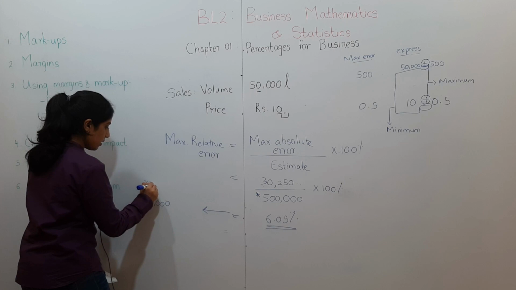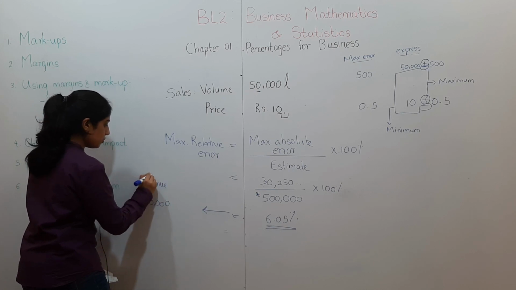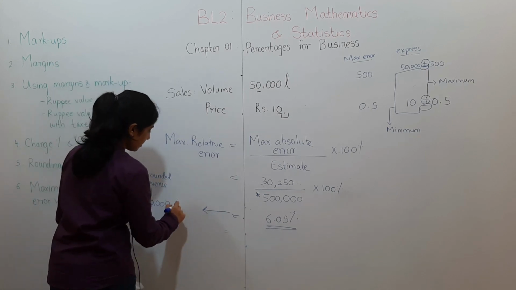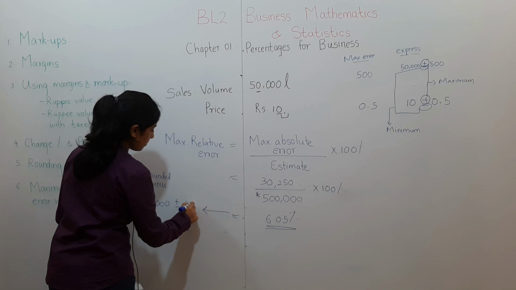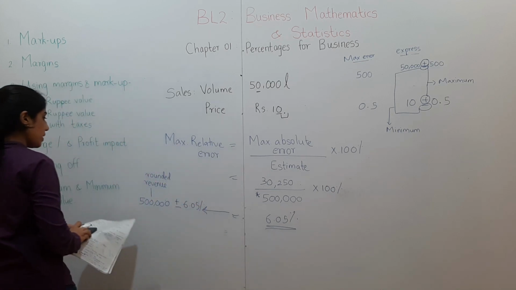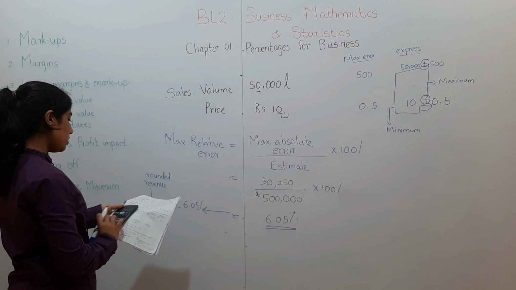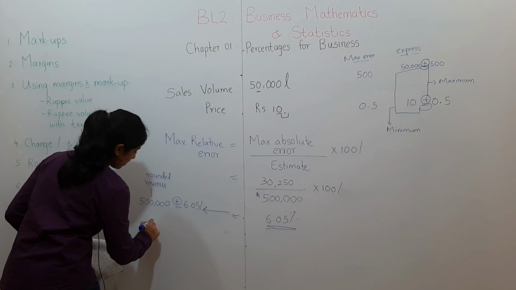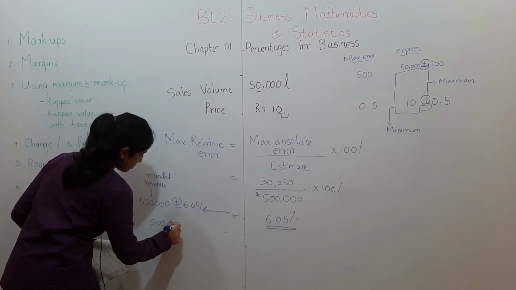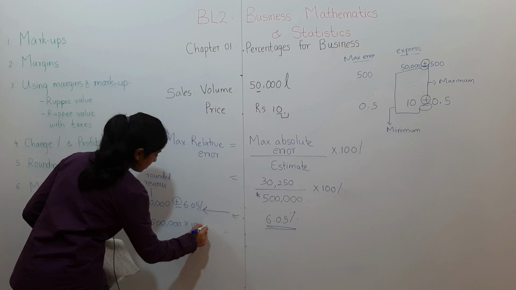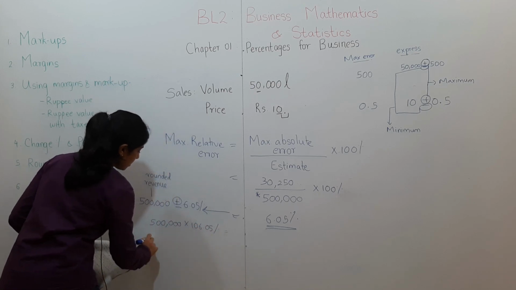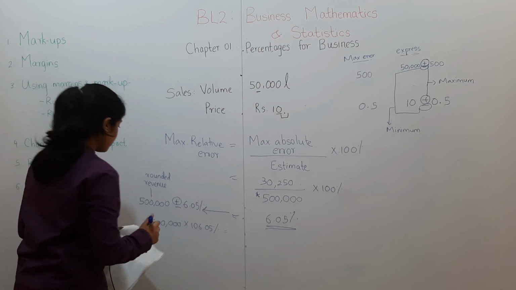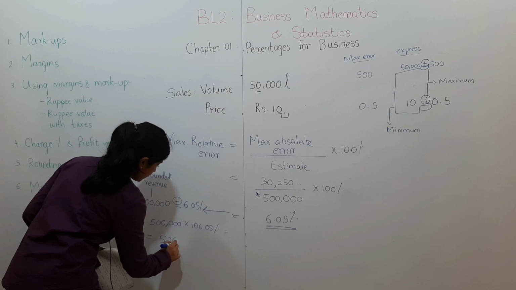Okay, this is the estimated rounded revenue, but it was rounded maybe plus or minus 6.05%. Now, apply and see, 500,000 into 106.05%. Let's take the plus thing first. 500,000 into 106.05% gives you 530,250.